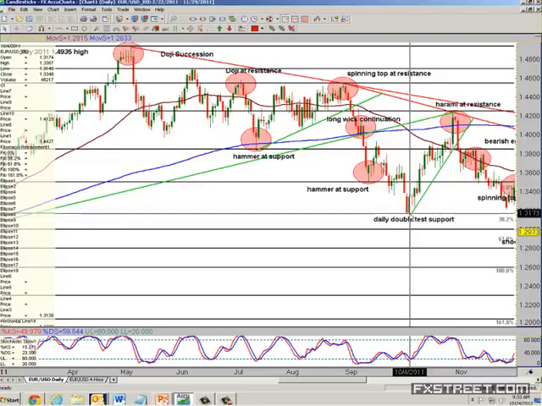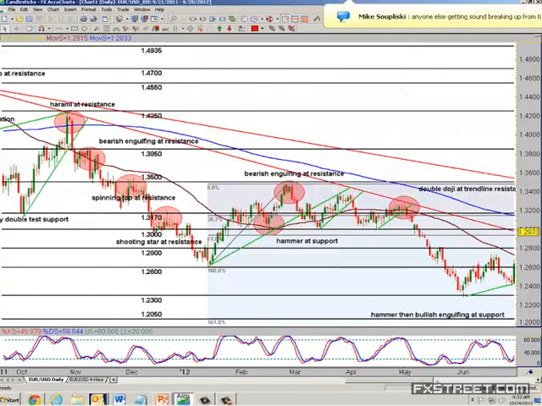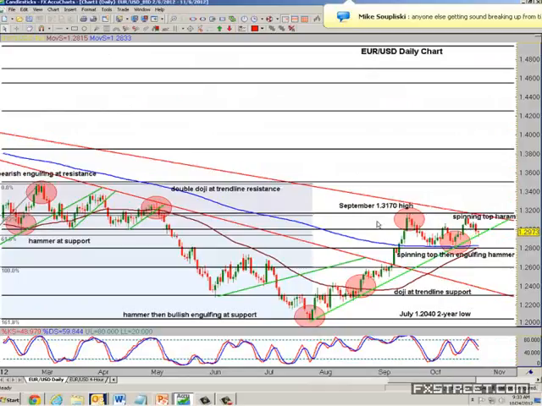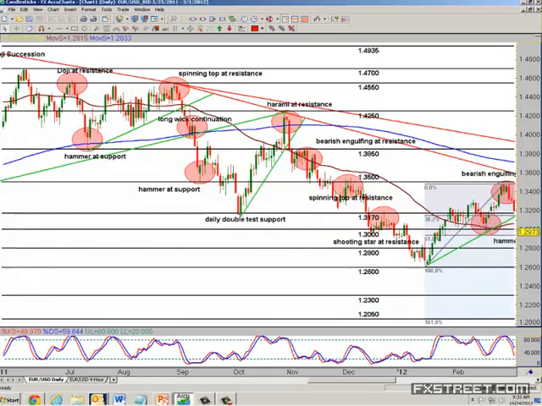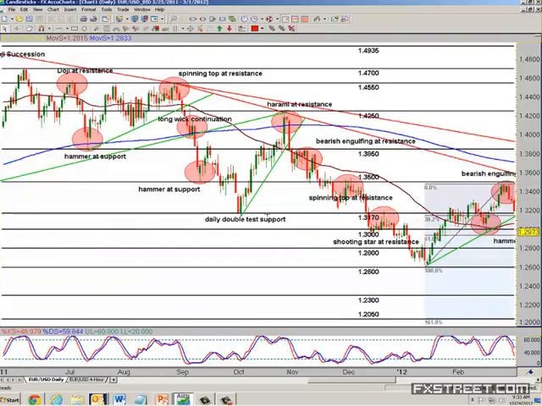We have double test support right around here, 130, 170. If you take a look, 130, 170 here. That sort of establishes the 170 level as a potential support level right there. So here, up here we have a Harami resistance.